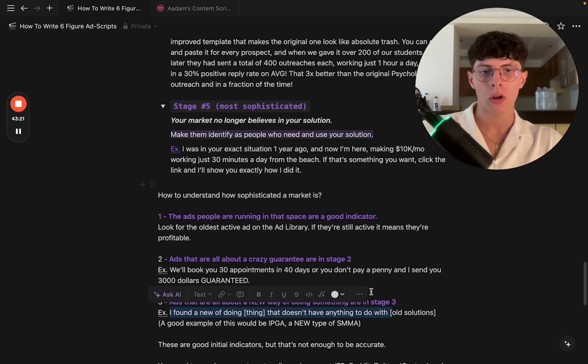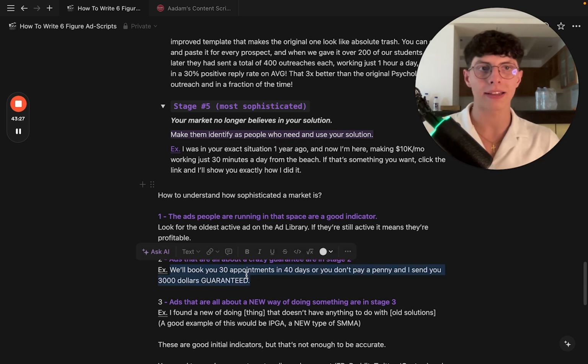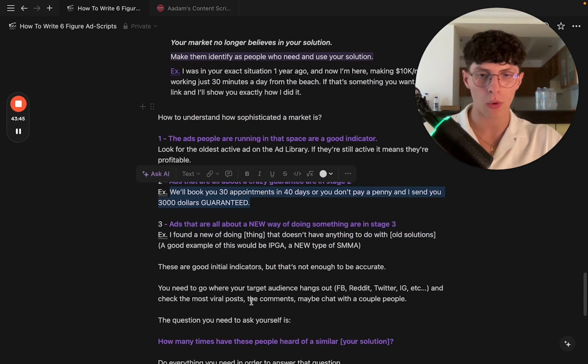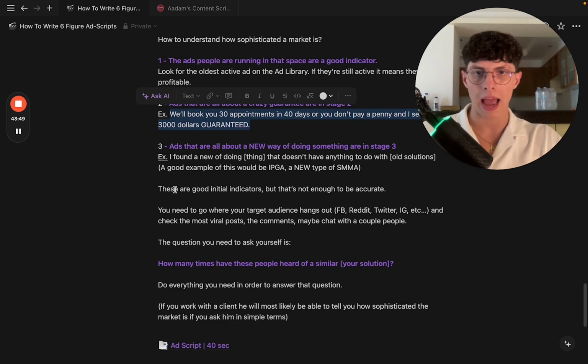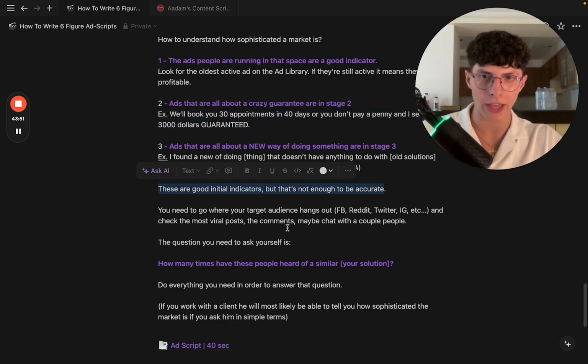So don't be deceived by sometimes there is a hook with the guarantee, and then we get into the new mechanism. Obviously, the new mechanism is more advanced in the stages of sophistication than the guarantees. So obviously, the sophistication is level 3. I'm going to show you now in the script I have down here. You're going to get this perfectly, don't worry. And then, these are simply good indicators that I like to keep in mind when looking at the ads.